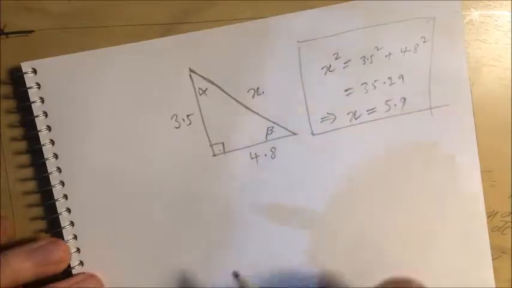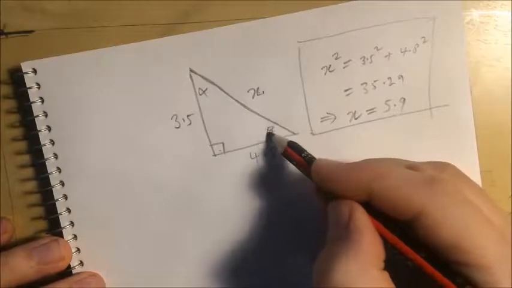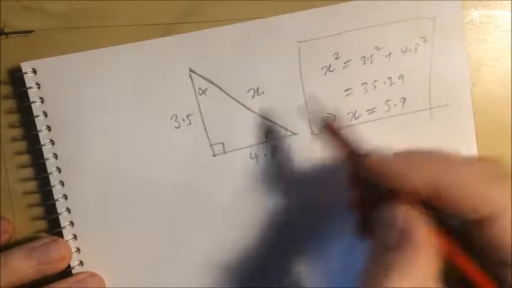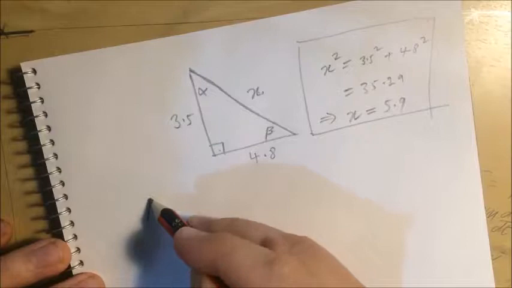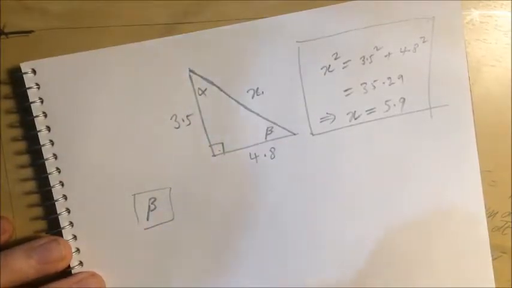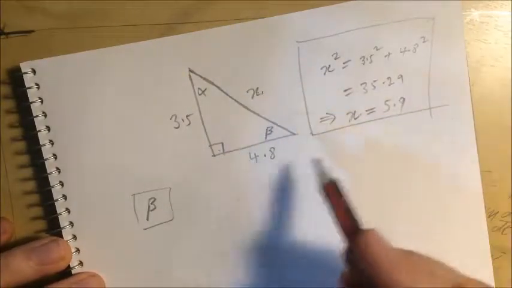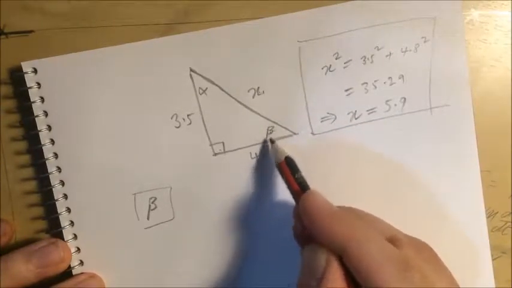Let's say that we want to find beta. So we want to find the angle beta. We know that x is 5.9, and so beta's adjacent side is 4.8.